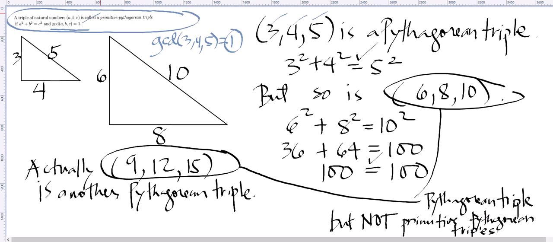The GCD of 6, 8, and 10 is 2. 3 times the Pythagorean triple 3, 4, 5 will give you 9, 12, 15. The GCD of 9, 12, and 15 is 3. What other Pythagorean triples generated from 3, 4, 5 can you think of? And a more important question is, how can we generate primitive Pythagorean triples?